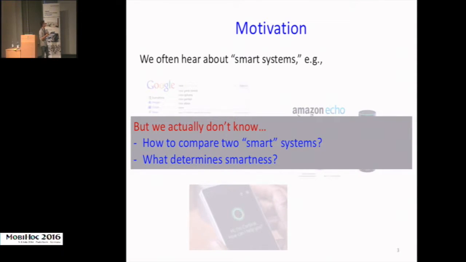And for that, we need some sort of criteria so that I can compare different systems. And the second one is, what factors actually determine the smartness or smart level of a system? So how can we at least quantify the effect of the factors of a system? All right. Okay. So that's pretty much the motivation.